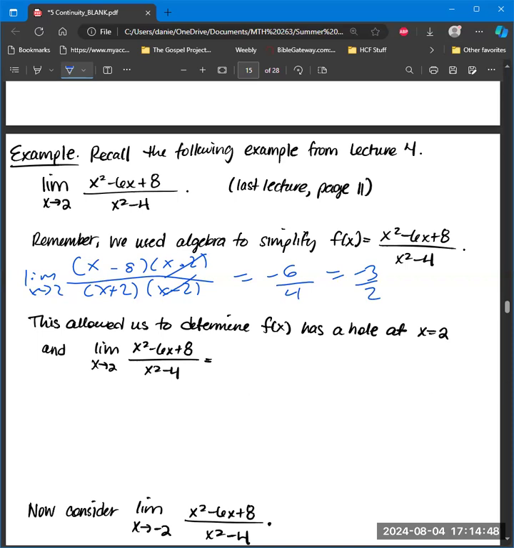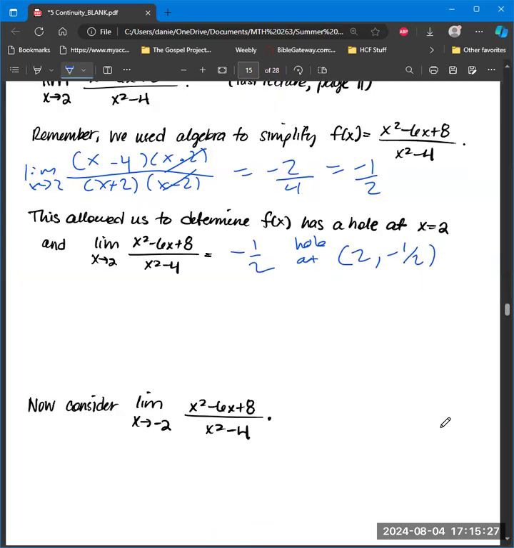So that allowed us to find the hole for that function. Yes, this is a 4, not an 8. Negative 1/2. There we go. So that means that this was negative 1/2, and that gave us a hole at 2, negative 1/2.